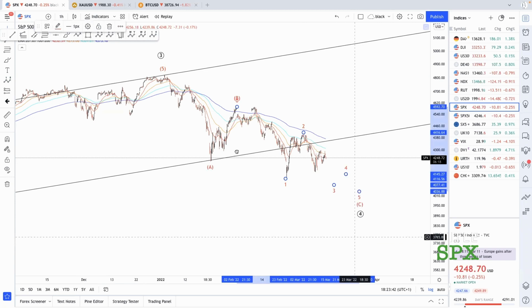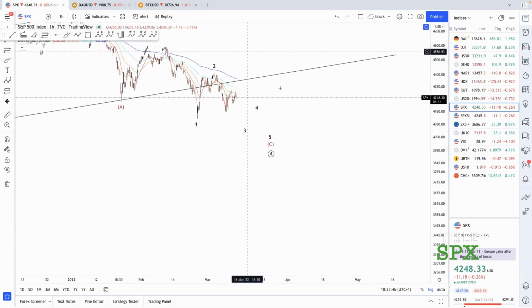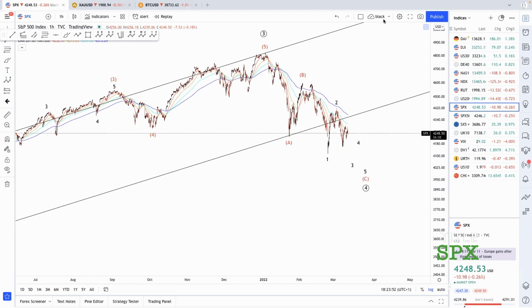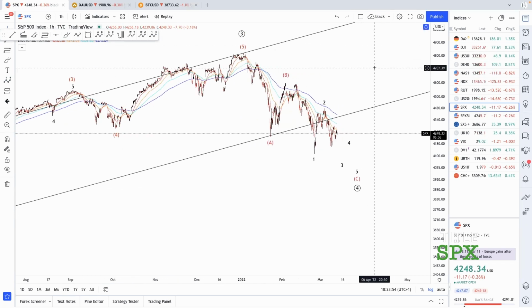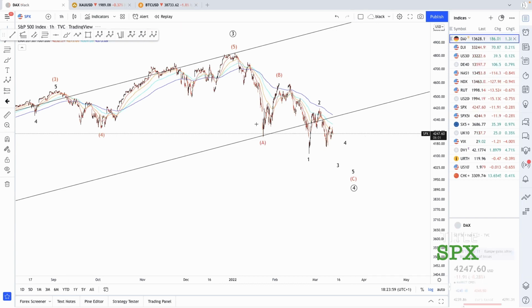And this would be minor, of course. So that's a potential alternate idea, because the bullish one, I don't see that happening. So once again, I cannot know the future, I can only try to estimate.